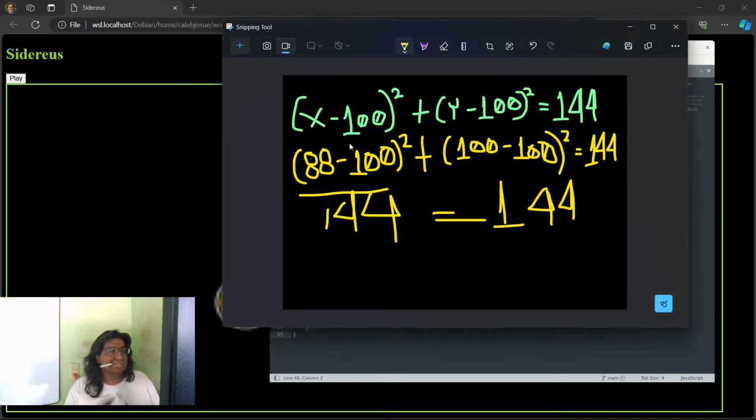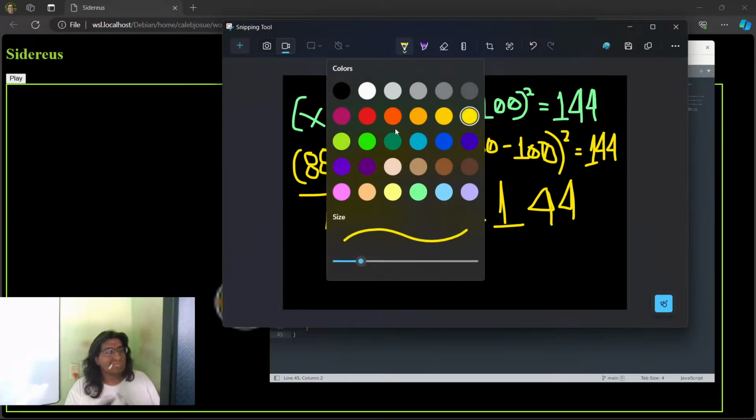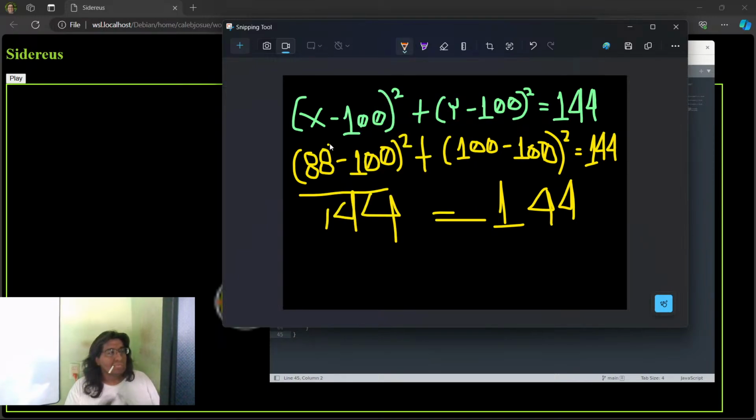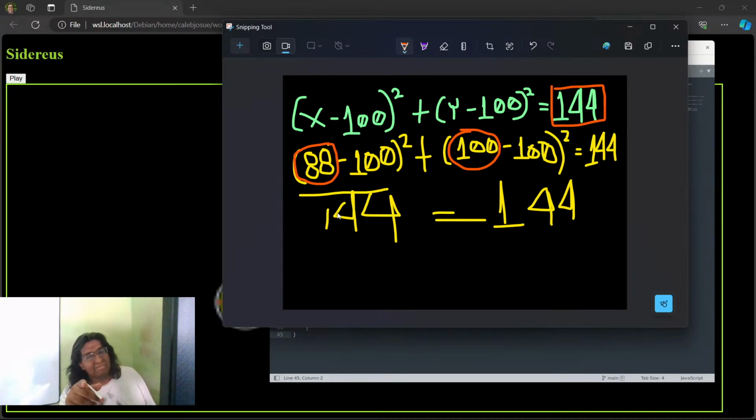This tells you that this point passes the test of this equation, and this point is on the circle. Two minutes ago, I said circumference, when I should have said circle.